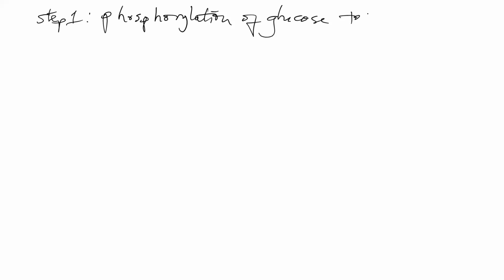So step 1, which is reaction number 1, involves the phosphorylation of glucose to form glucose 6-phosphate.